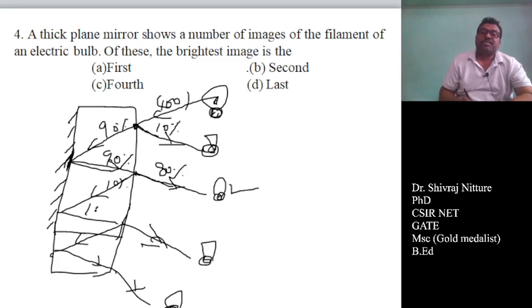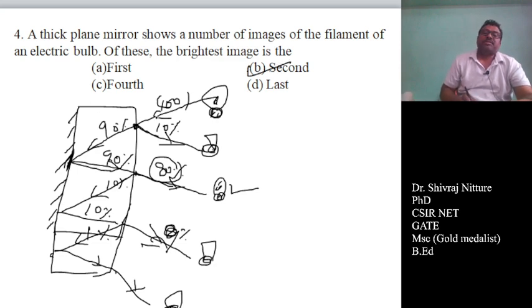Out of this 10%, again what happens here? That 8% comes this side, say 9% comes this side, and 1% comes this side, like this. So look at this. More light is here. This second image is the brightest image.